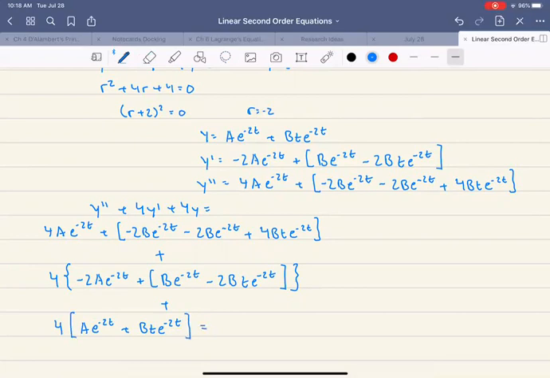And I should get that that equals 0. Let me stagger it a little bit.